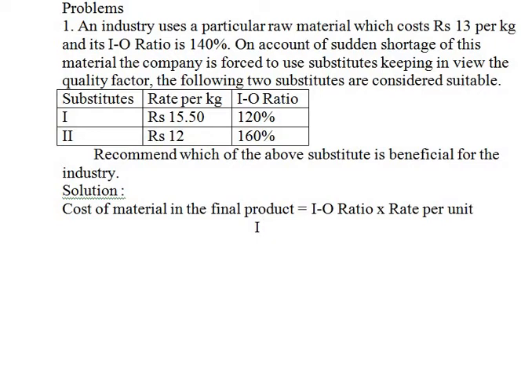So for the first substitute, the IO ratio is 120%, into how much rate have they given? Rate is 15.50.